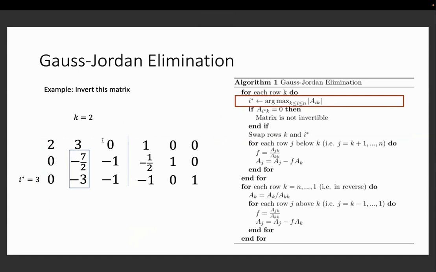Because k is 2, we need to just consider these two elements to find the maximum value that we have here.